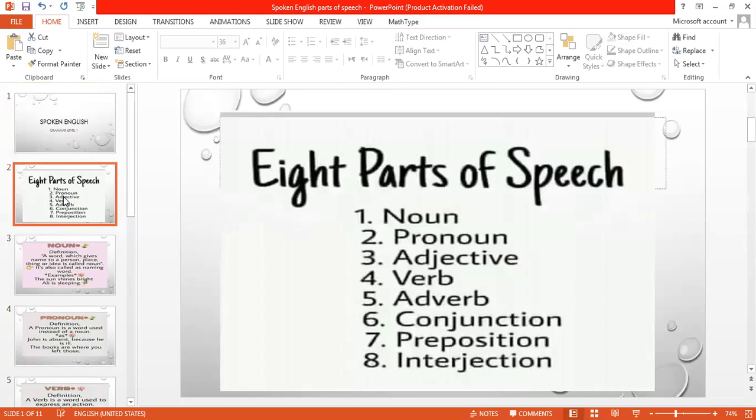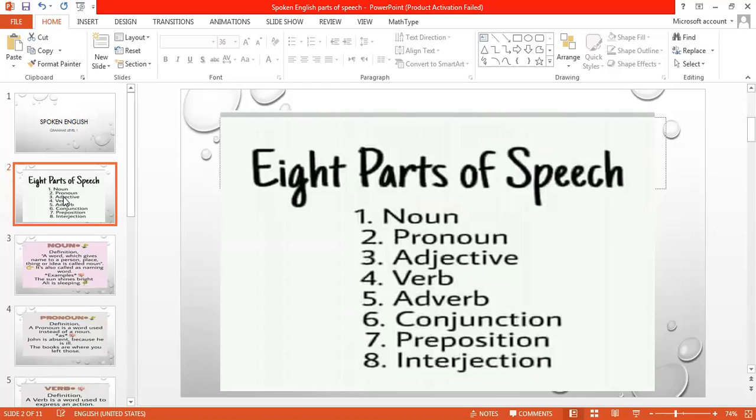These basic 8 parts of speech are noun, pronoun, adjective, verb, adverb, conjunction, preposition, and interjection.